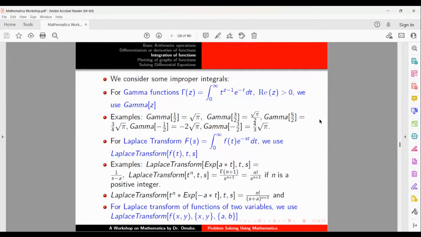In this case, because there are two variables, you write the variables, and then you write the two transform variables also, just as we have the Laplace transform of a function of t, which will be a function of s. It depends on what we call them. You can use a or b, or you can use m and n. So it will just give us the Laplace transform of it. Okay, so let's put this one. Let's do this one.